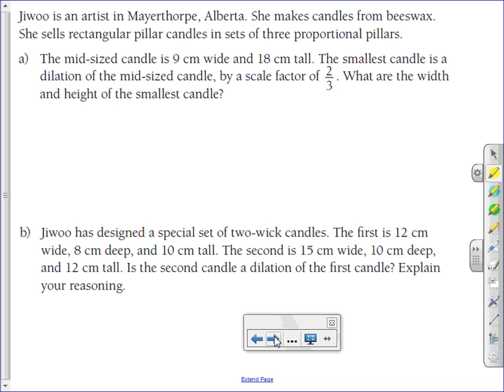A scale factor is 2/3, meaning that it's going to be smaller by a factor of 2/3, and this candle, which is called a mid-size candle, is 9 centimeters wide. That sounds pretty huge to me, and 18 centimeters tall, and we're supposed to find a dilation of it by a scale factor of 2/3.